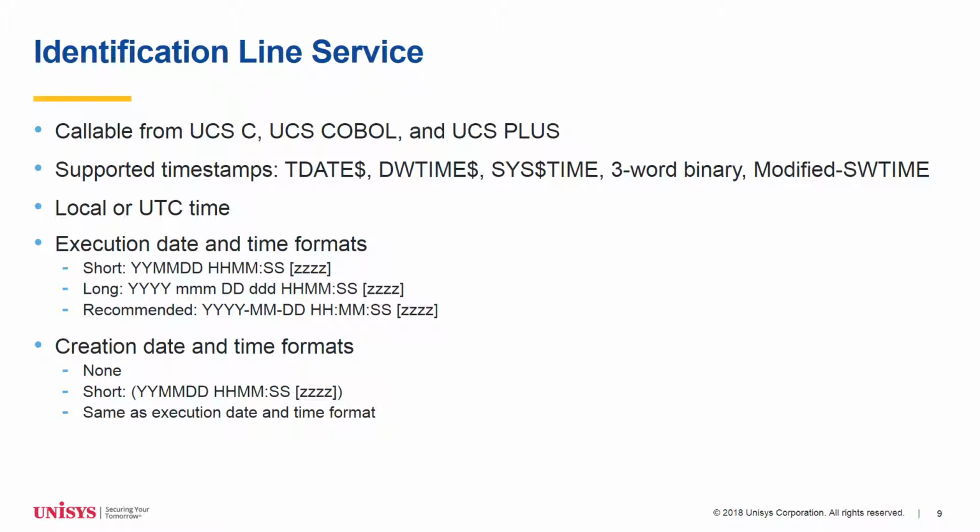The formatted output creation and execution times can be displayed in either local or UTC time. The output execution date and time can be displayed in short, long, or recommended formats. The output creation date and time, if selected for display, can be in either short or the same format as the execution date and time.